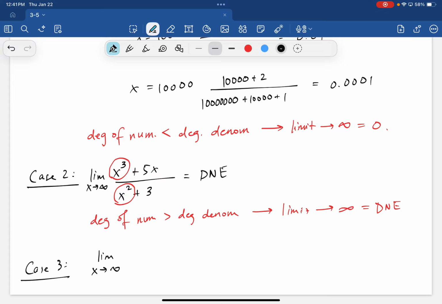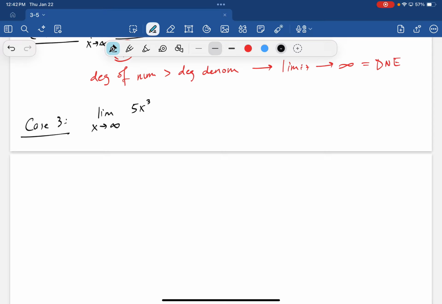So suppose we had the limit as x approaches infinity of, let's say, 5x cubed plus 7x squared plus 2 over 4x cubed plus 8x, just coming up with random numbers at this point, okay, plus 1. The answer in this case would be 5 over 4, okay?